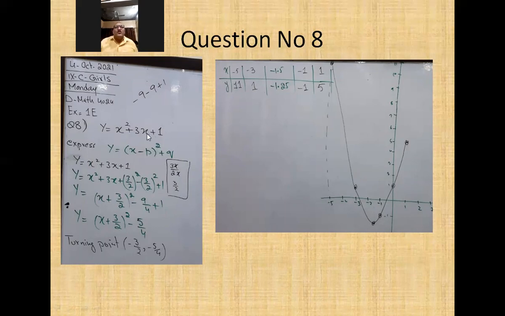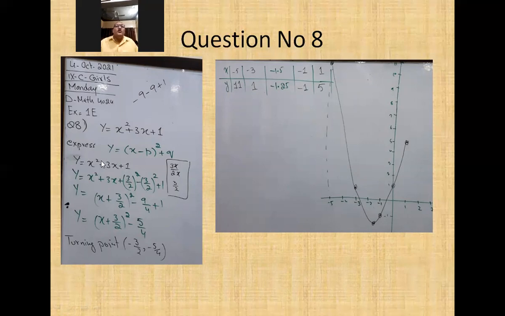So first of all, I will apply the process of completing the square on this right side. The first condition for applying completing the square is that x squared should have coefficient 1. It is 1 here, so it's good to go.